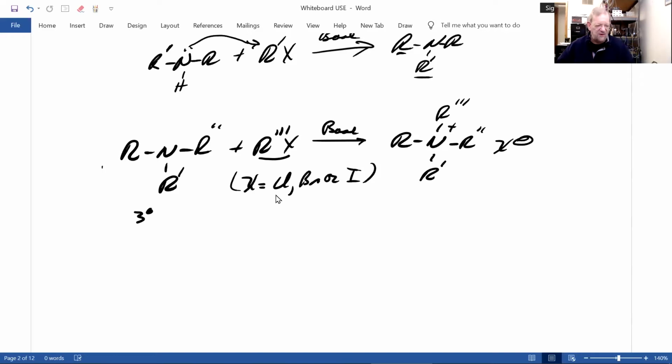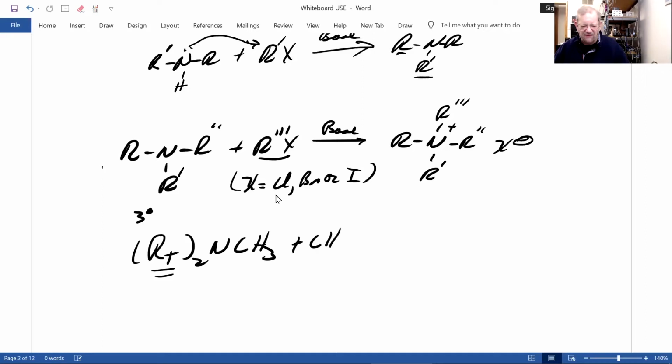Let's take a look at one. Now, R sub T means talloalkyl, which means a long chain with 16 to 18 carbons, and it can or cannot have a double bond in it. Some do, some don't. It's a mixture. And then I'm going to react it with this compound. What do we have here? A tertiary amine. What's different? Nitrogen, alkyl halide.